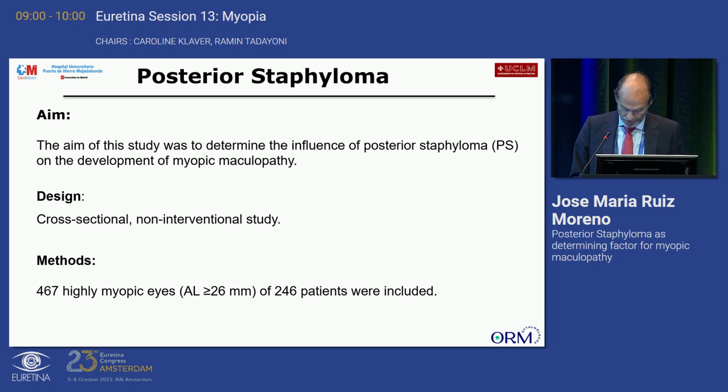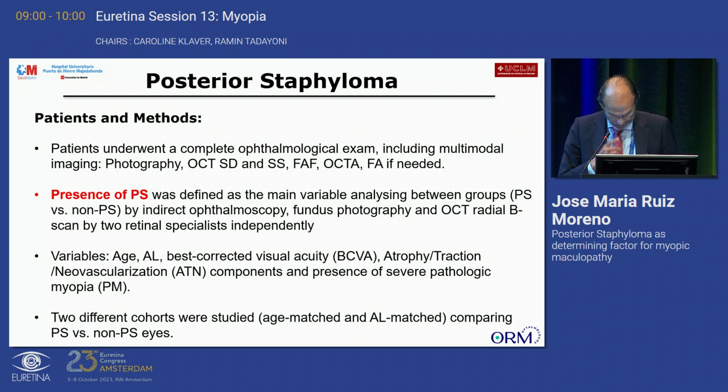It was a cross-sectional, non-interventional study that included 467 highly myopic eyes of 246 patients. Patients underwent a complete ophthalmological exam, including multimodal imaging. Presence of posterior staphyloma was defined as the main variable analyzed between 2 groups, posterior staphyloma versus non-posterior staphyloma.